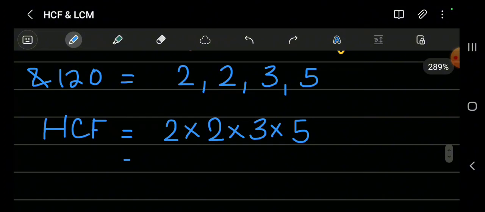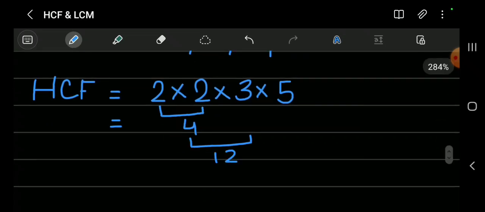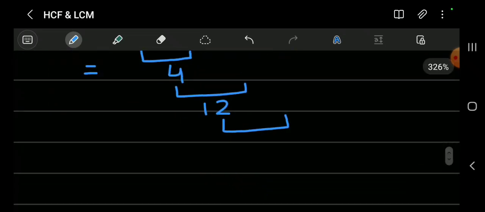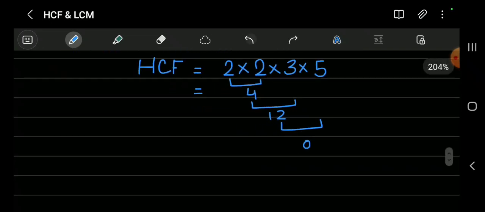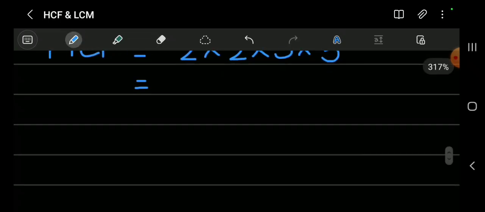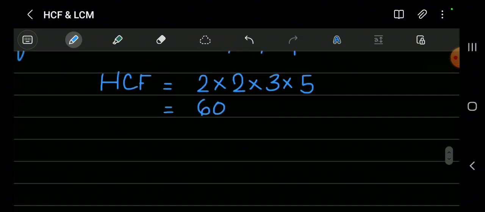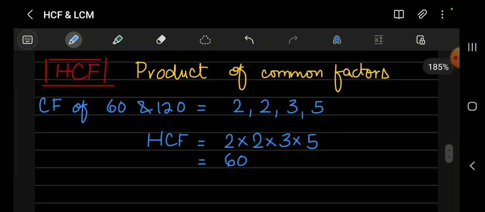So your HCF would be 2 times 2 is 4, 4 times 3 is 12, and 12 times 5 is 60. So HCF is going to be 60.